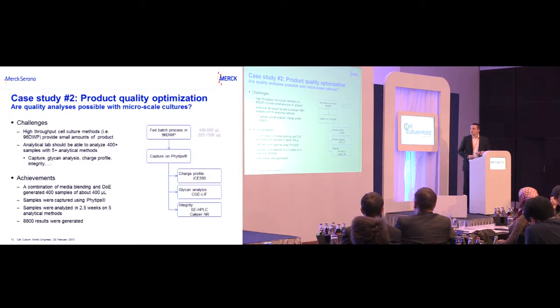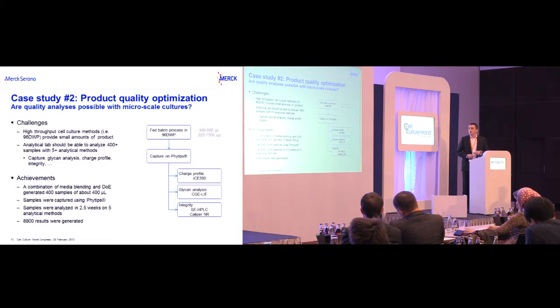So here we are using some kind of fingerprinting method to assess the product quality. We do the charge profile with the iCE280, glycan analysis using capillary gel electrophoresis, and also product integrity using SEC HPLC or Caliper.